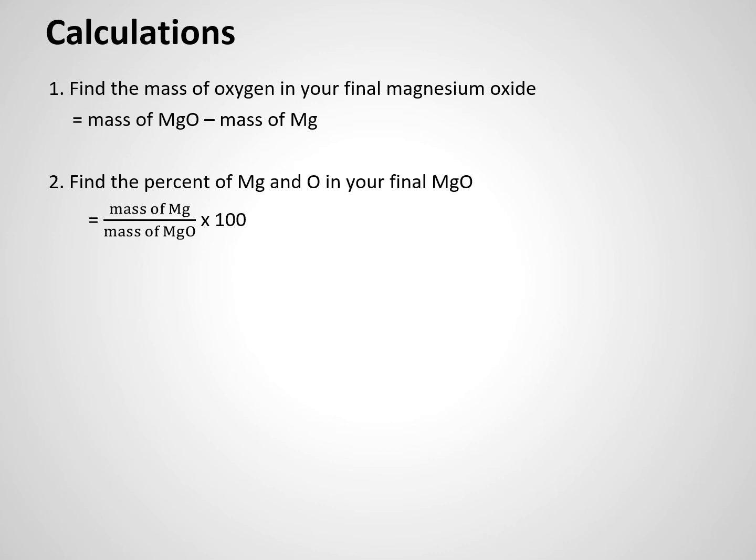Then you can use the mass of magnesium and the mass of oxygen to find the percentages of magnesium and oxygen in your magnesium oxide, which is also a very simple calculation. It's just the mass of one of those divided by the total mass of magnesium oxide you produced, and then you multiply that times 100 to get the percent.